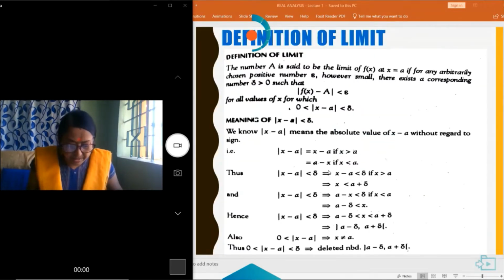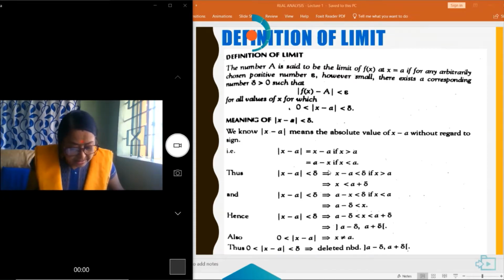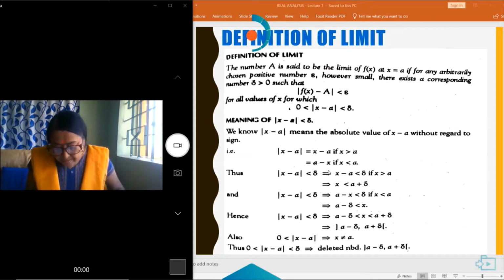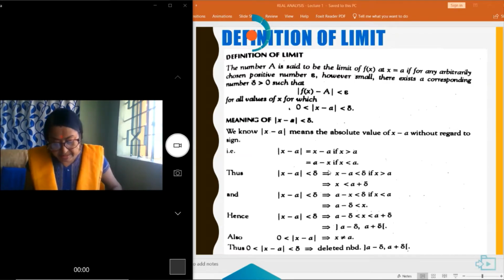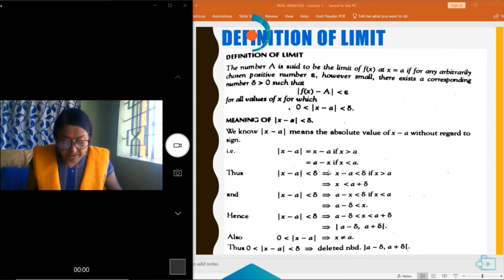Let the number a be said to be the limit of f(x) at x equal to a if for any arbitrarily chosen positive number zeta, however small, there exists a corresponding number delta greater than 0 such that modulus of f(x) minus a is less than or equal to zeta, for the values of x where modulus of x minus a lies between 0 and delta.